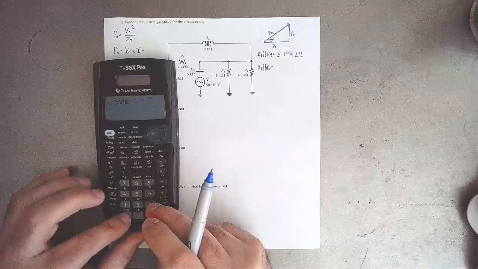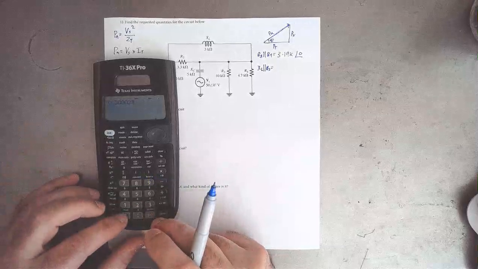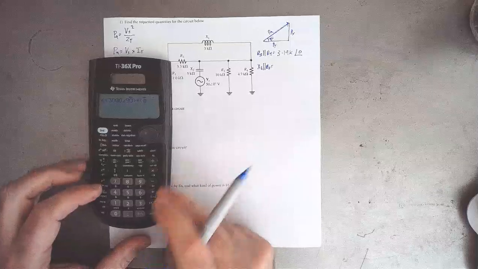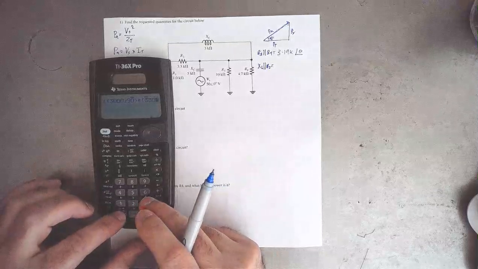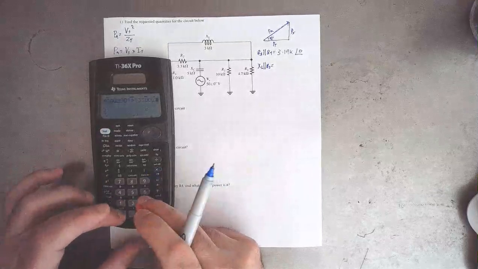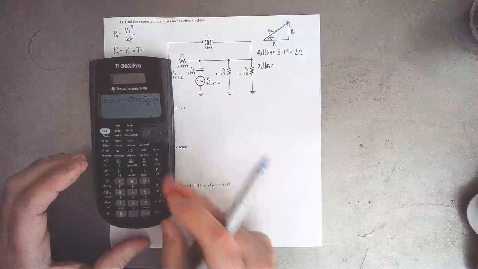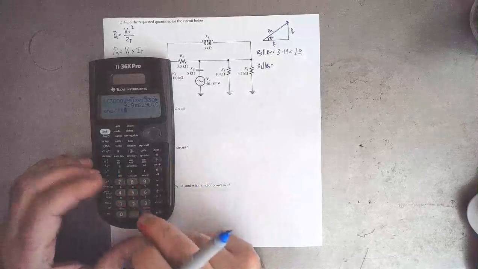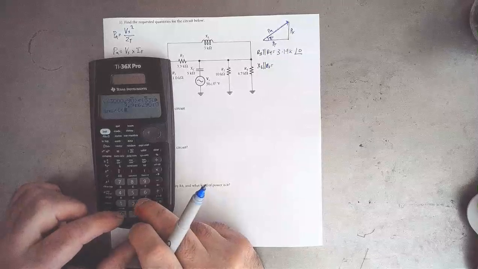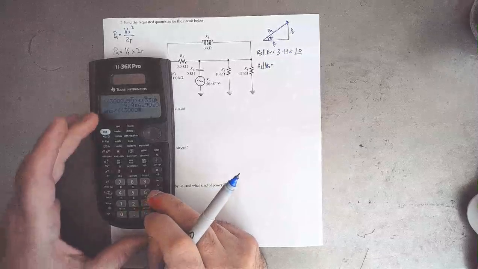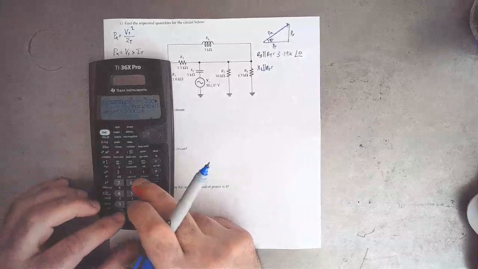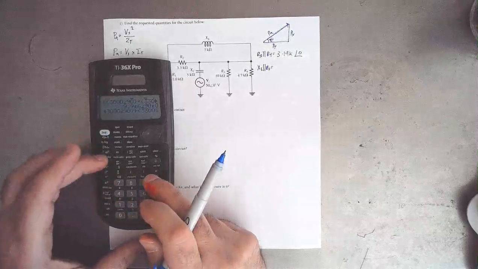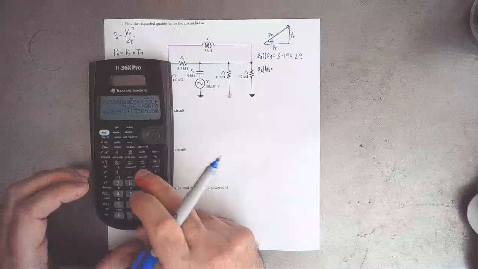So we got 3K at an angle of 90 times 3.3K at an angle of 0. So there's my numerator, divided by 3K at an angle of 90 plus 3,300 at an angle of 0.